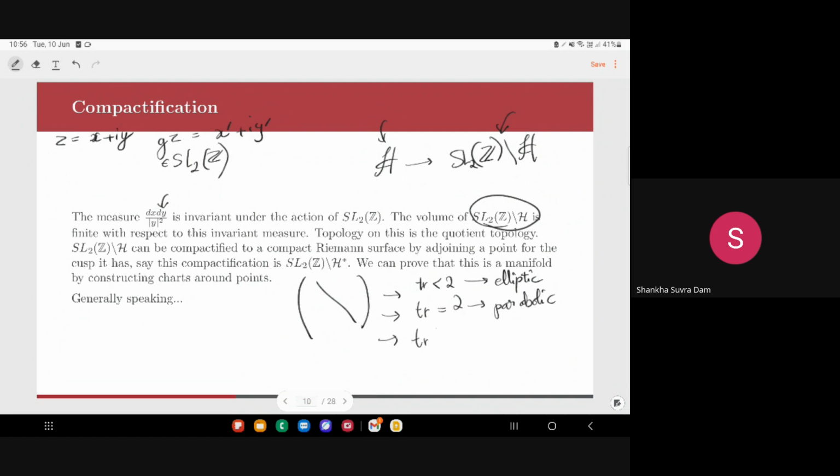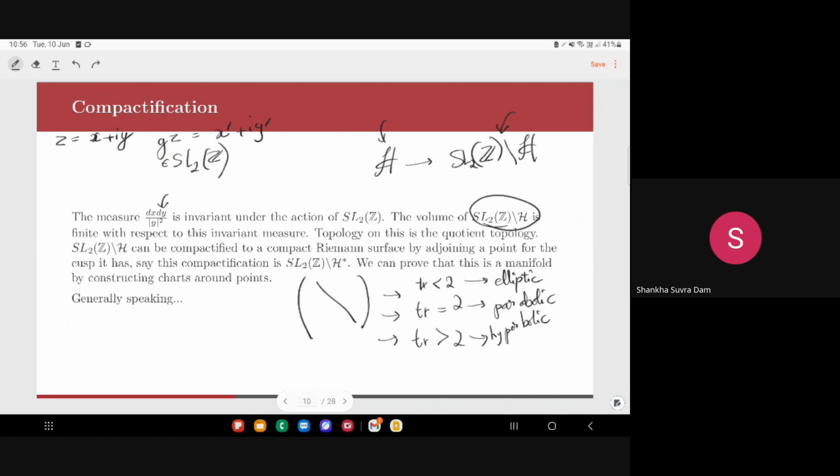And if trace is greater than 2, then it's hyperbolic. This has two fixed points in P1R, but no other fixed points in P1C. This can be easily verified by taking the determinant of the quadratic form these define.